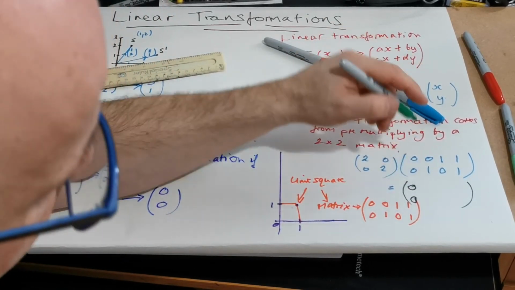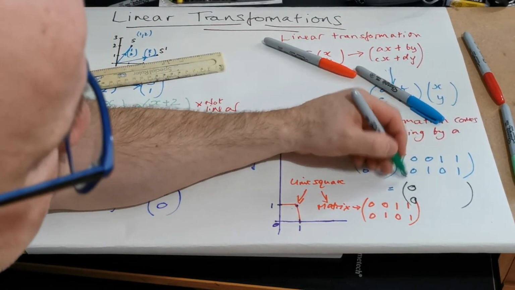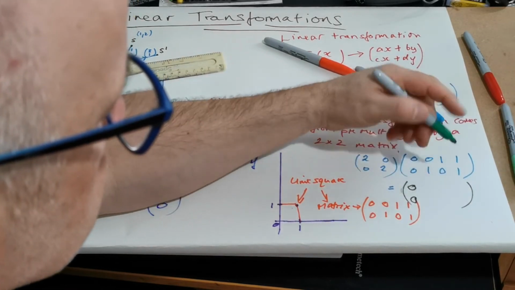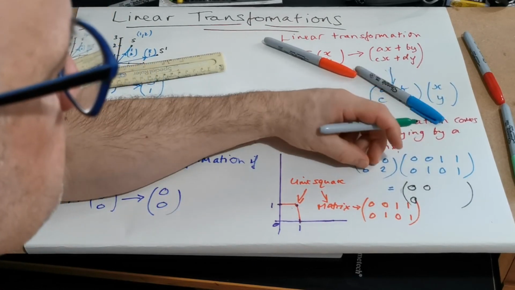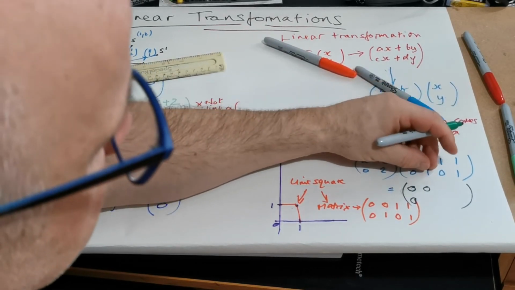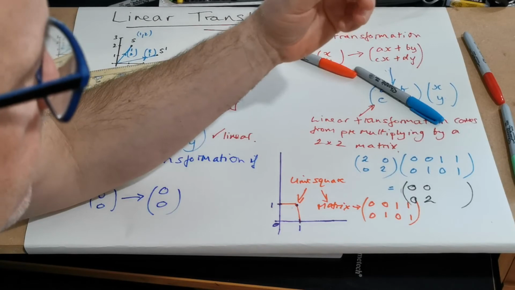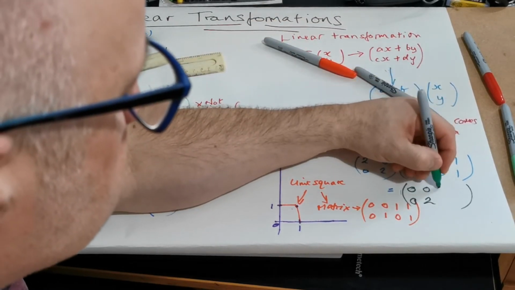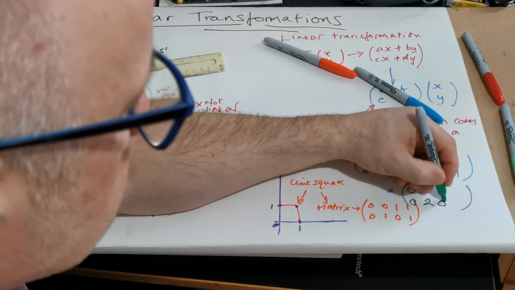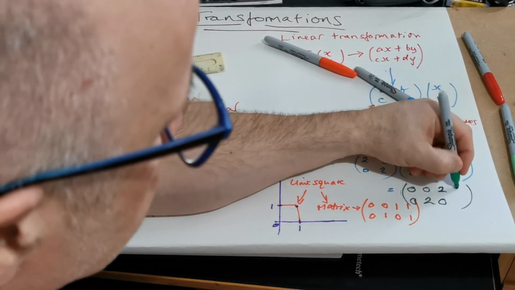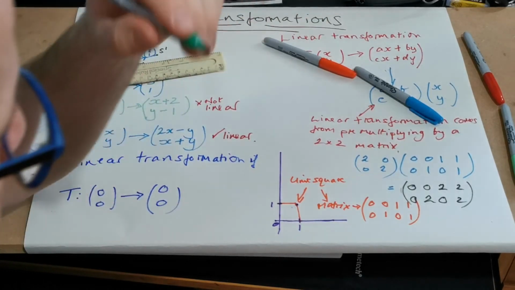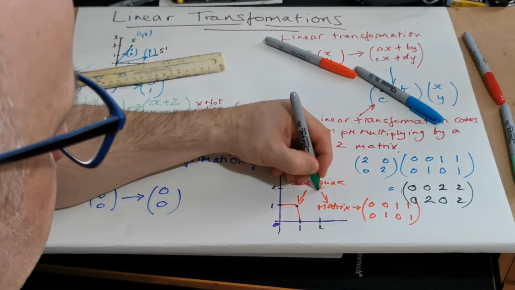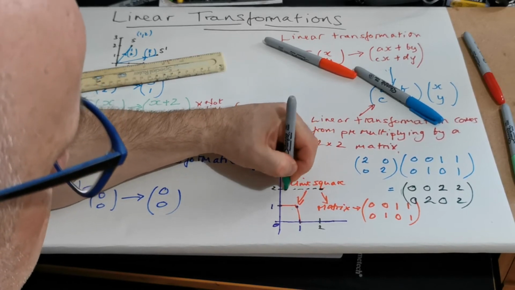So already we've got that idea that the origin maps onto itself, and then 2, 0 times 0, 1 is 0, and 0, 2 times 0, 1 is 2. And again here we've got 2 on the top and 0 on the bottom, and finally we've got 2 on the top and 2 on the bottom. So that would give you this square here.